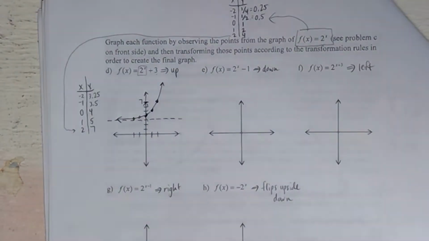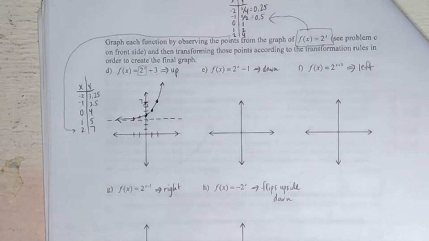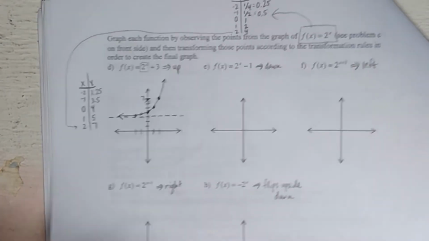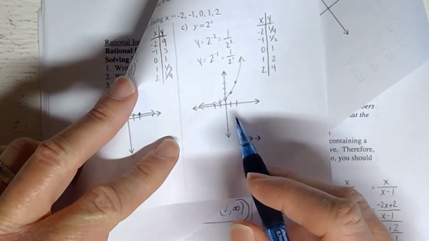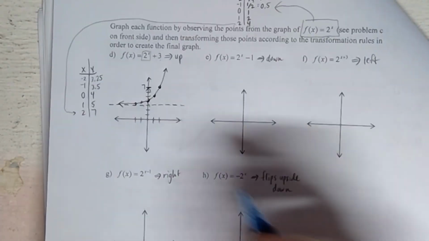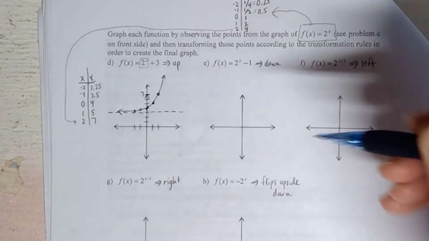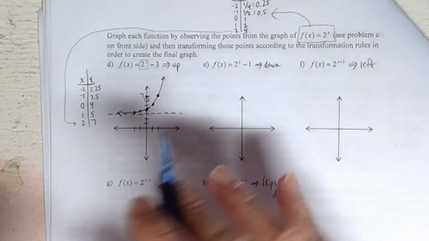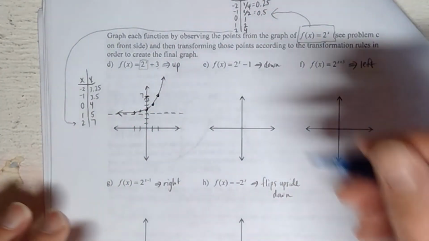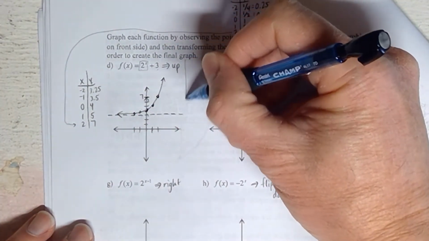That's the same exact shape as we got for the 2 to the x graph that was, again, on the front of the worksheet, right here. It just shifted upwards by 3. This problem right here is going to do exactly the same thing, except it's going to go down. That's the only difference.